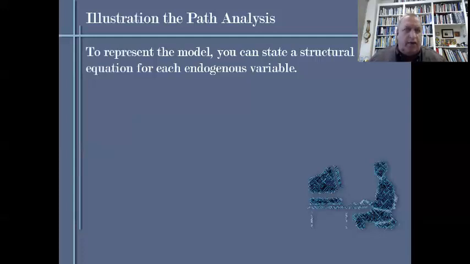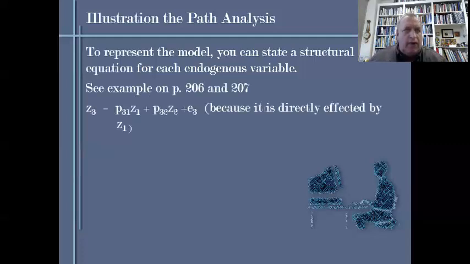So we see our example on page 206 and 207. And so we see we have a variable Z3. And how do we analyze that, or how do we represent that? And so we see that it has P31Z1. So we have the Z1 variable, and it's on Z3, subscript 1, Z1.